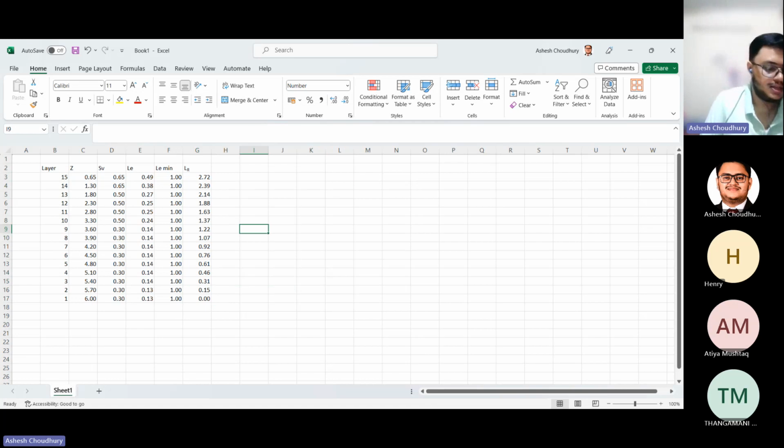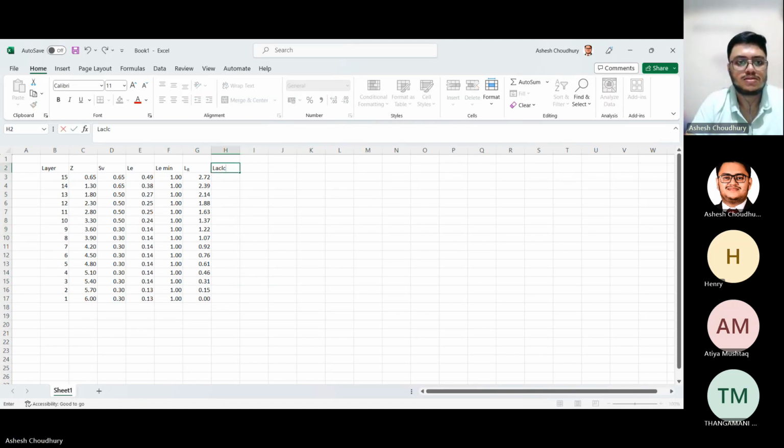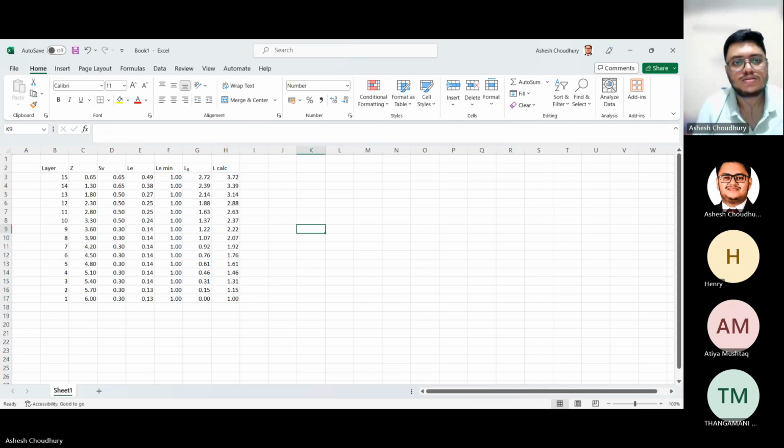So this is the LR. Now L calculated is nothing but LE plus LR. All LEs are less than LE minimum, so we will be doing LR plus LE minimum. So these are the calculated Ls.